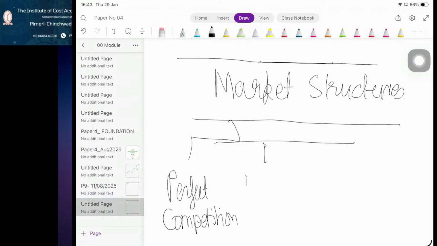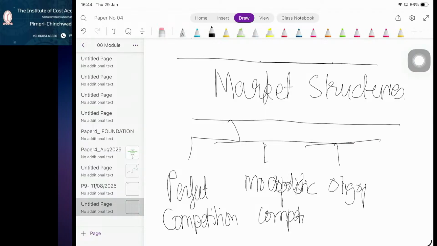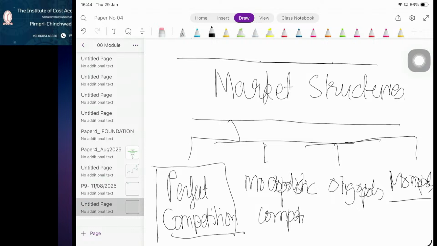Perfect competition, monopolistic competition, then oligopoly, and right now we saw monopoly. And the easiest and most commonly used market structure is perfect competition.